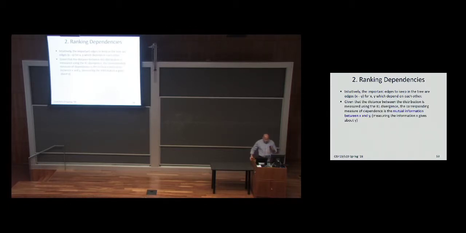Basically, I'm going to use a specific way to measure how related x and y are, and use this to determine whether I want to put an edge between x and y. The measure that I'm going to use to decide how related x and y are is mutual information.